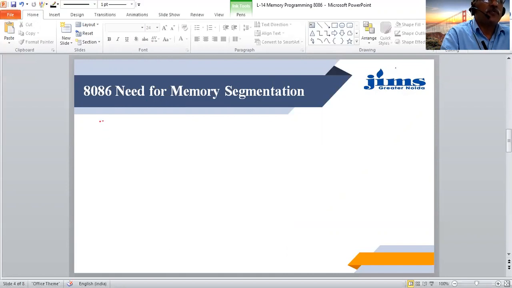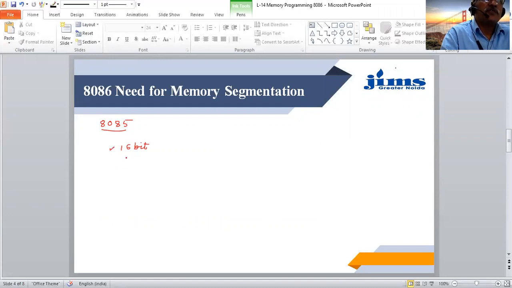If you talk of the processors or the interfacing of memory with the predecessor, that is the 8085, it had a memory address register of 16 bits, and the size of the address bus was also 16 bits.